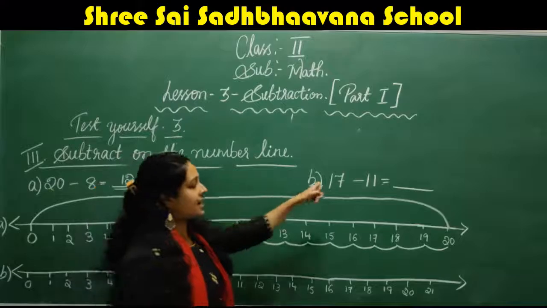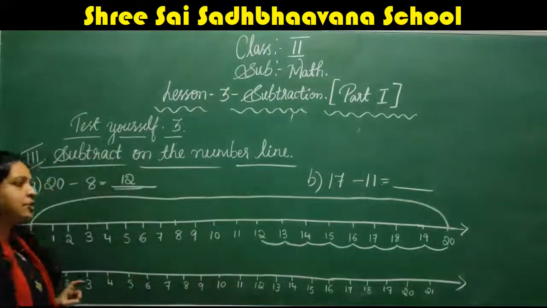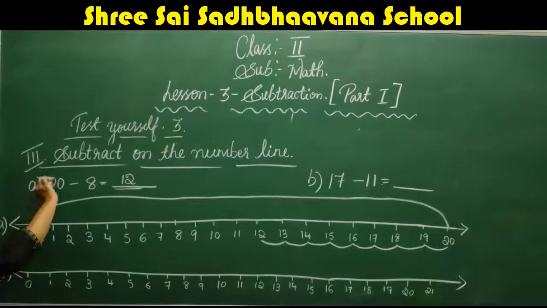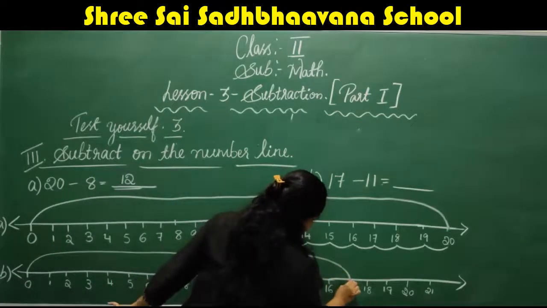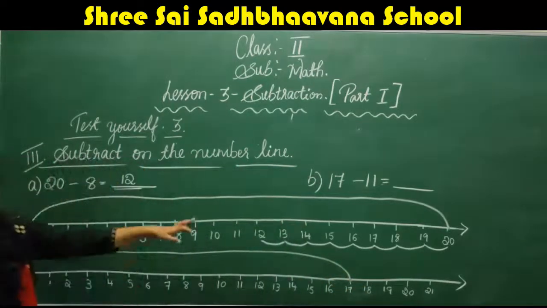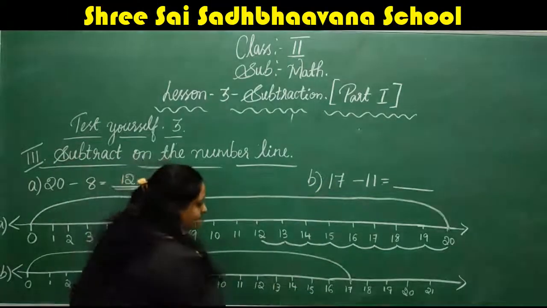So 17 minus 11. Now let me mark 17, 0 to 17. Yes, here it is 17. Now how much I have to subtract here? I have to subtract 11.